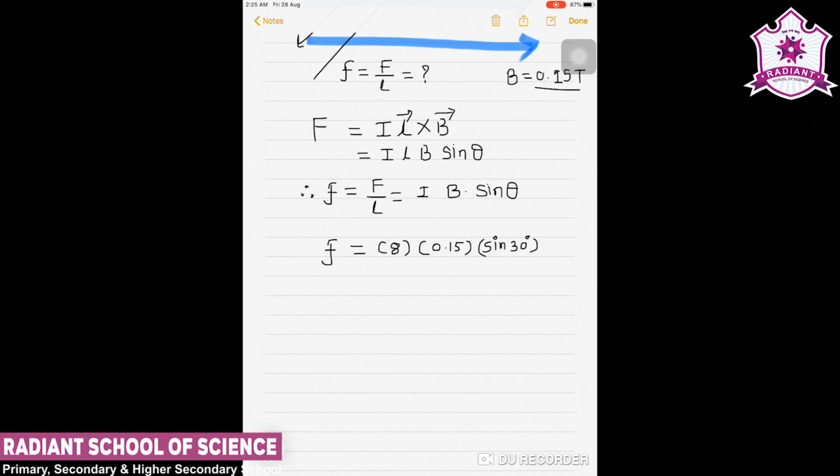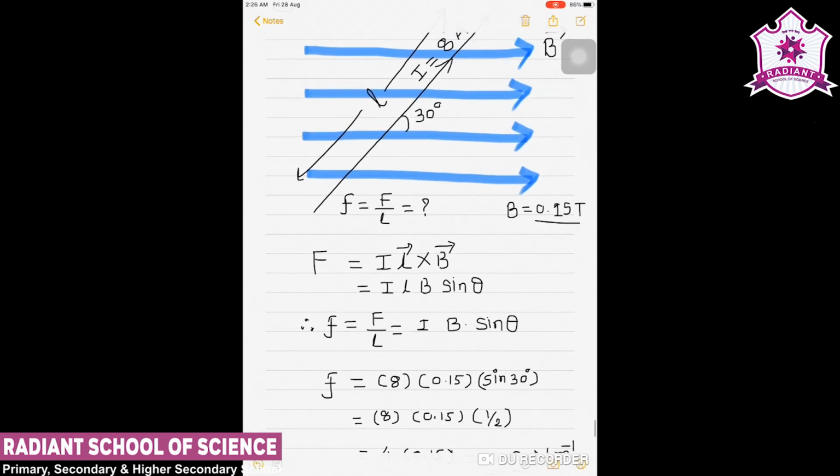Now we put in all the necessary values: this is 8, this is 0.15, and sine 30 is nothing but 1 by 2. So it will be 4 into 0.15, that is 0.6 Newton per meter. So this is the answer.